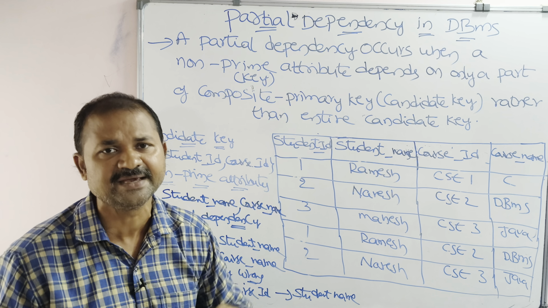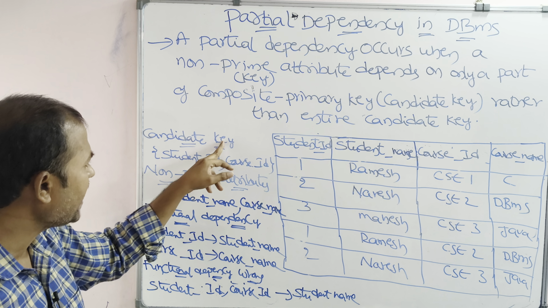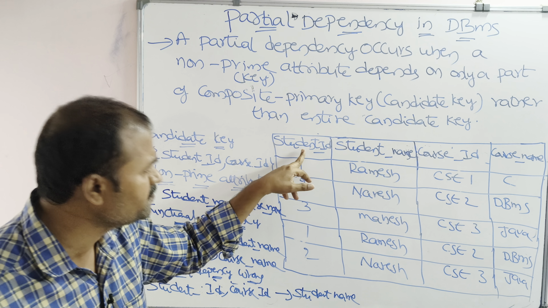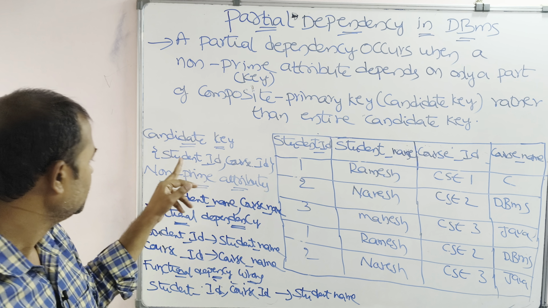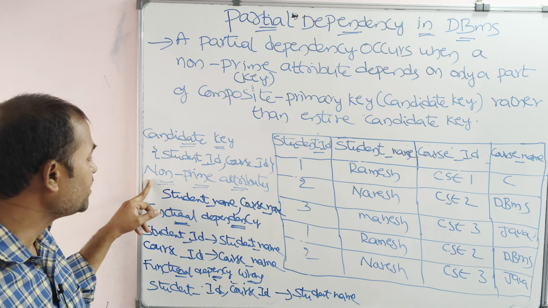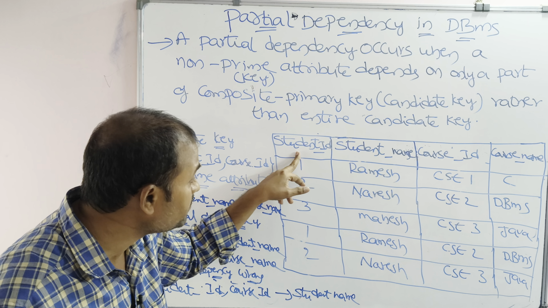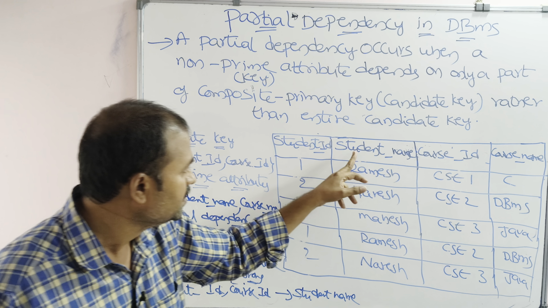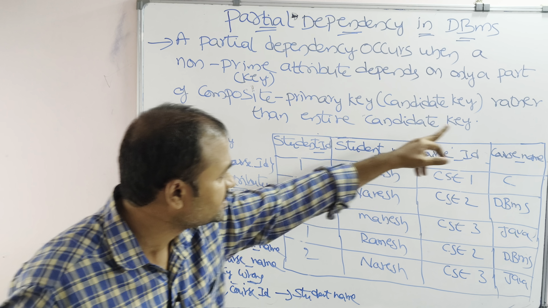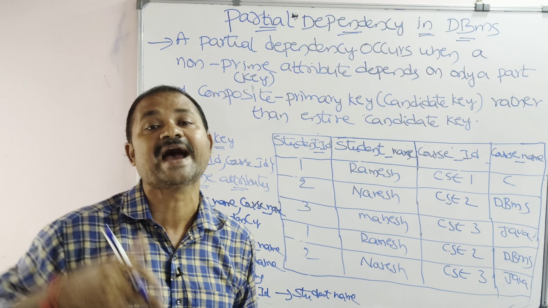A composite primary key can also be called a candidate key. The remaining attributes are called non-prime attributes. So what are the key attributes here? Student ID and course ID are key attributes, whereas the remaining attributes, student name and course name, are non-key attributes.